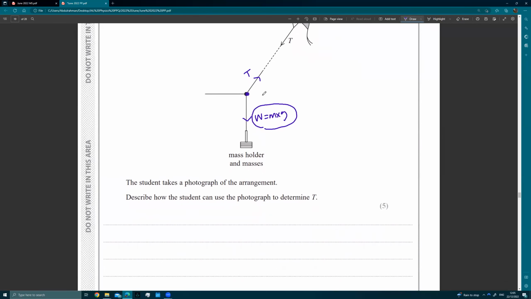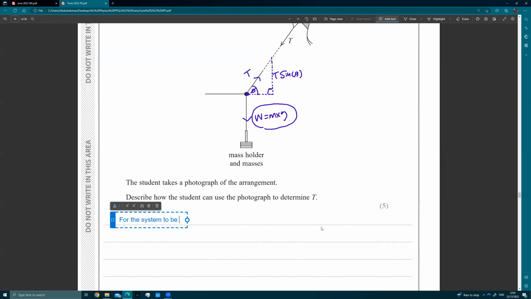So vertically, you have weight downwards, but you also have the vertical component of your tension. Well, this is T, and we want to draw a right angle triangle, and this is theta. This will give you T sine theta. So let's put this into words.